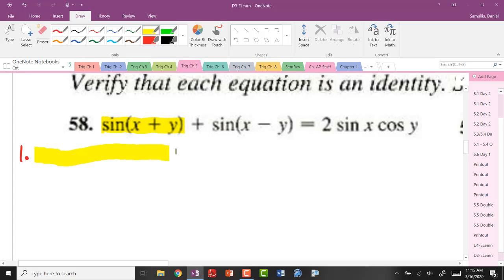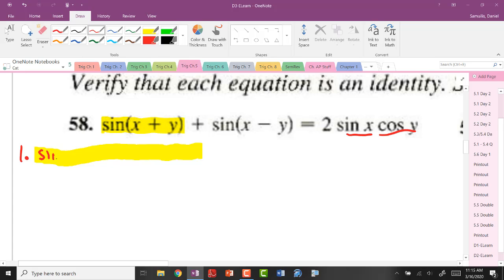All right. So the first thing is, you do something, not nothing, right? I always say that in my class as well. And I look at that and say, okay, I just learned the sum rule for sine, and I think that's what they're trying to make me do. Because when I look at this side, I just have a 2 sine x cosine y. So I'll use the sum rule first.